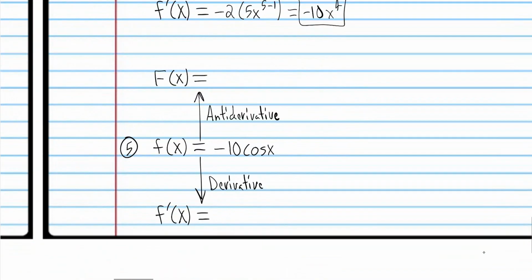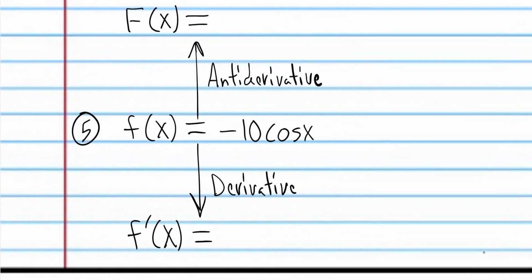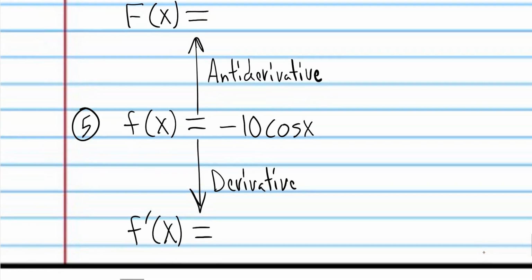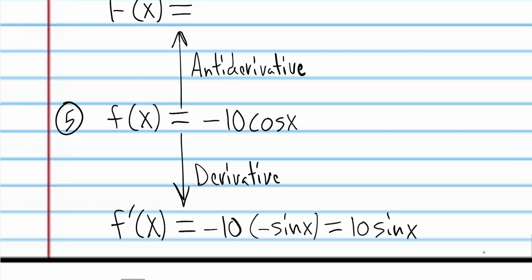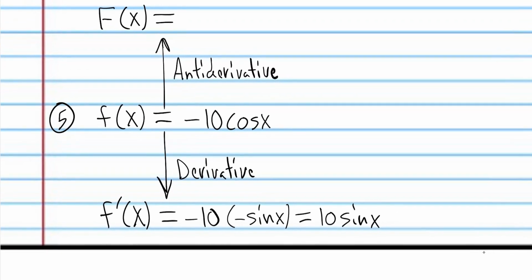Okay, on to the next one. So let's find the derivative. We're going to use the constant multiple rule. We have a constant, and then we're going to multiply by the derivative of the function, and then we get 10 times sine x. That's the derivative.